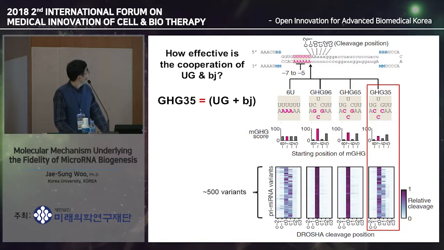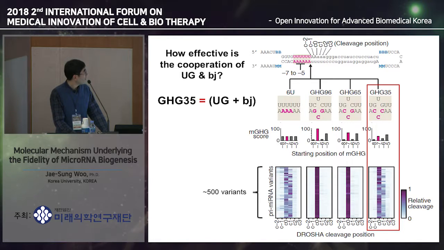And what about the UG, and how effective is the cooperation of UG and BJ if we can depict the GHG motif? So if you see the GHG 35 data, here you can see the heterogeneous pattern. This is from the UG and BJ cooperation.